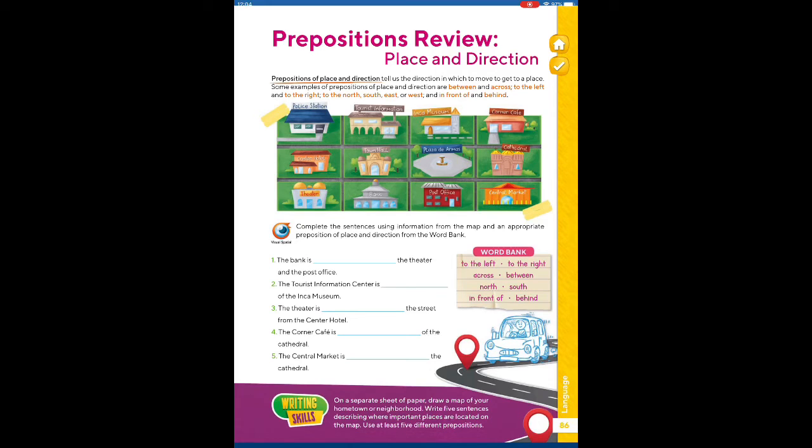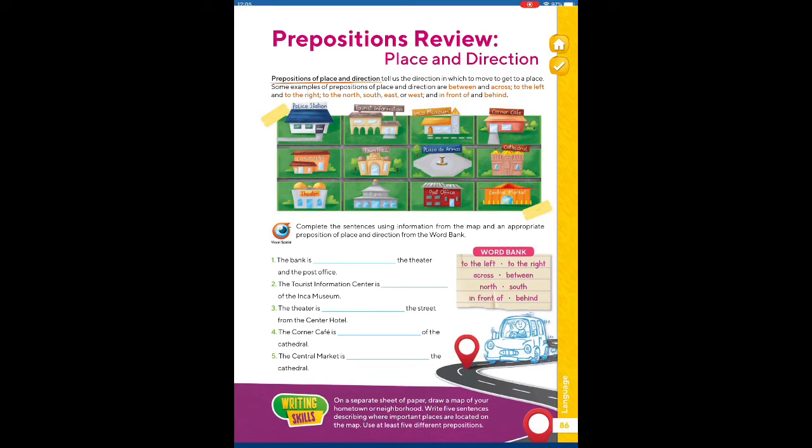Prepositions of place and direction. They tell us the direction in which to move to get to a place. So it says prepositions review. Okay, un repaso. It's not like, oh, I don't know how to do that, because it's a review. So I repeat, prepositions of place and direction tell us the direction in which to move to get to a place.